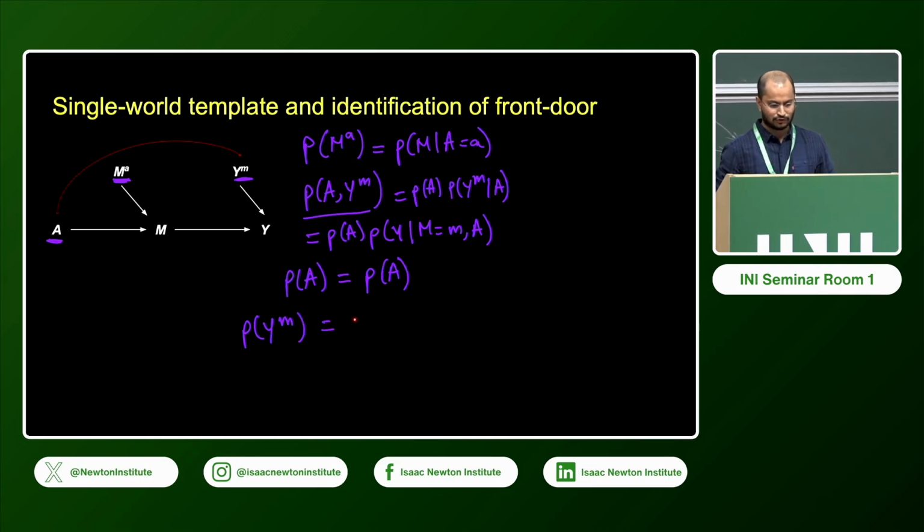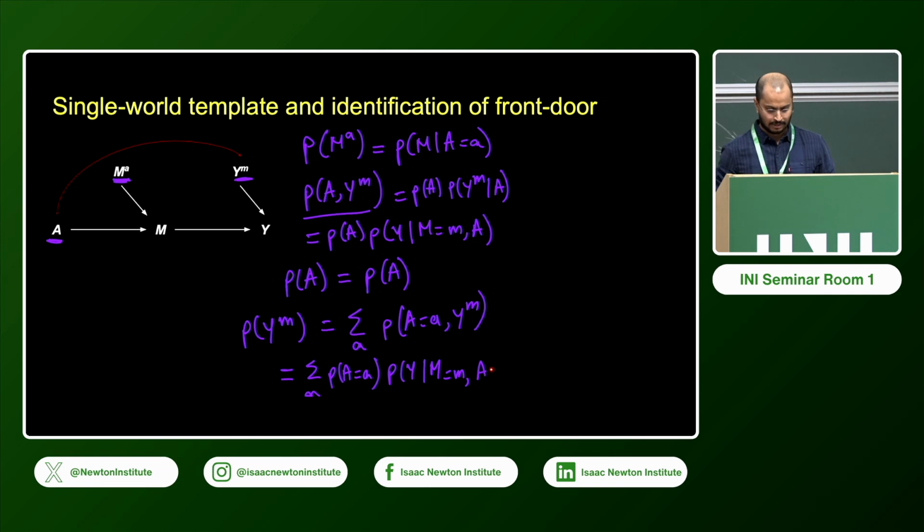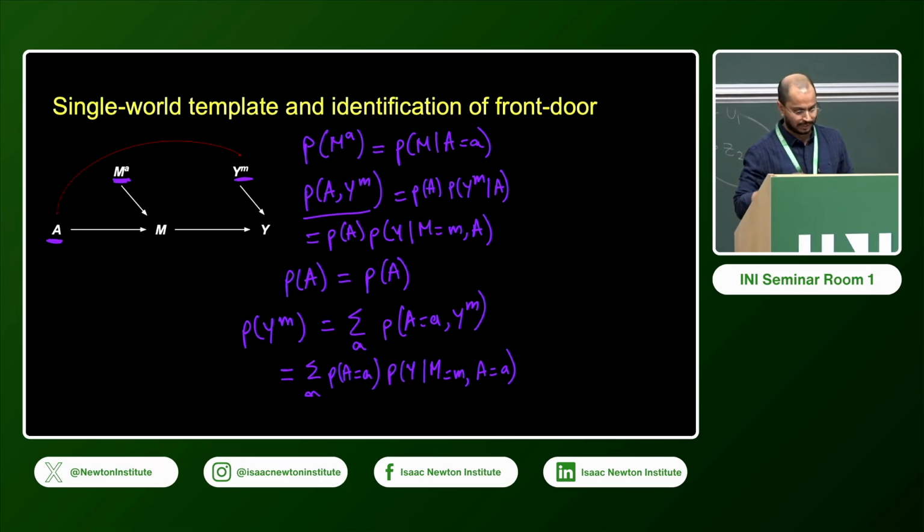I take this and sum over all values of A. So this is just equal to a summation over all values of little a of P of A is equal to little a, times P of Y given M is equal to little m and A is equal to little a. Okay, so that's identification of all of the single world parameters.